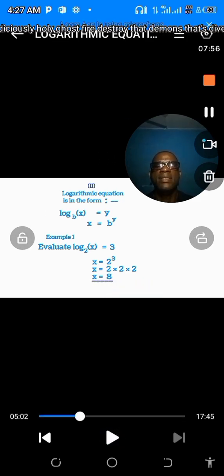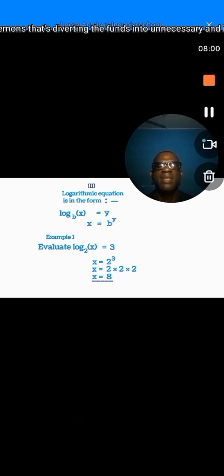So when the base is raised to power 3, the value of x is 8. Now let's proceed.